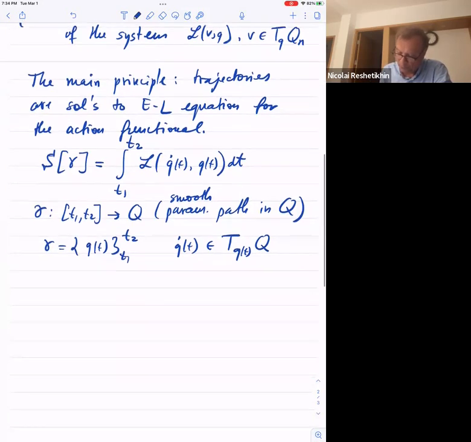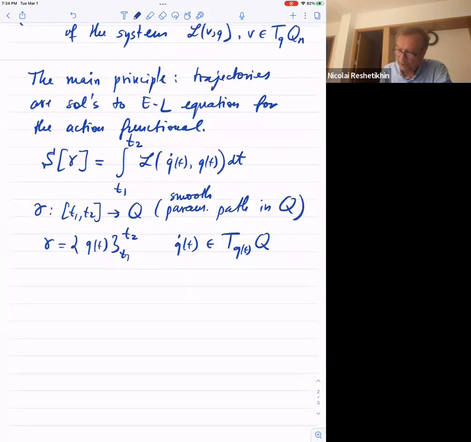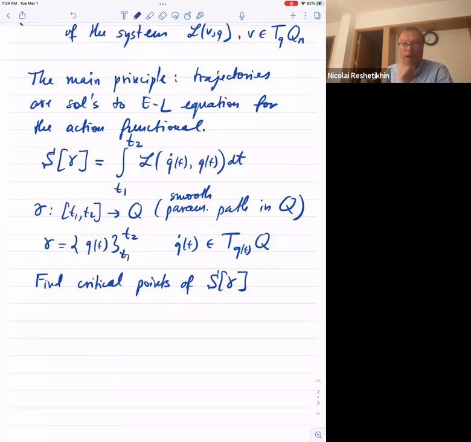Now, in order to get the Euler-Lagrange equation, let's find critical points of this functional. These are the points where all directional derivatives are 0, just as I was explaining last time.